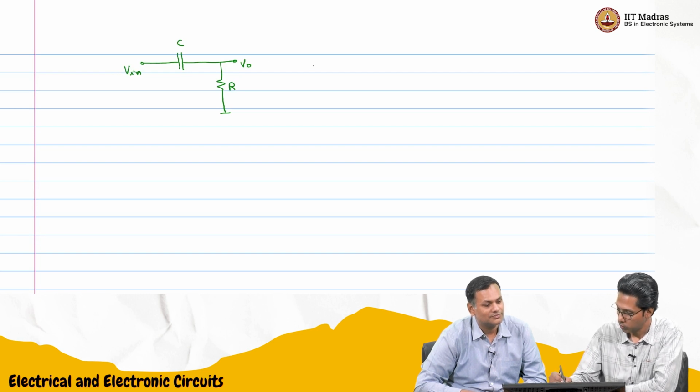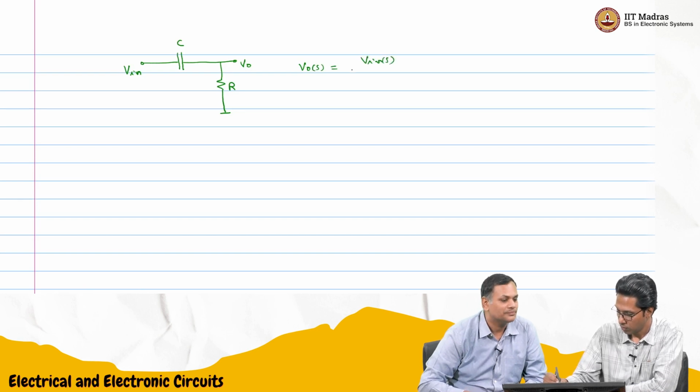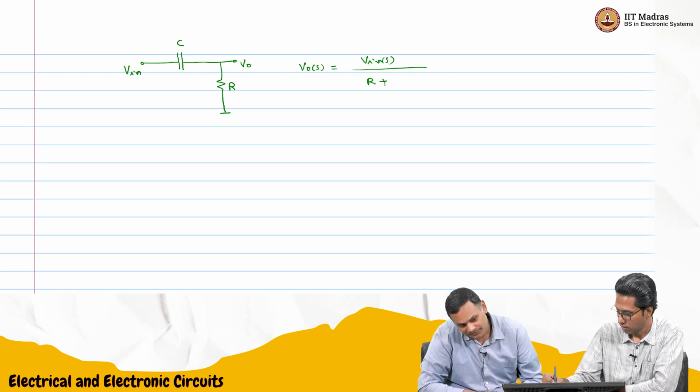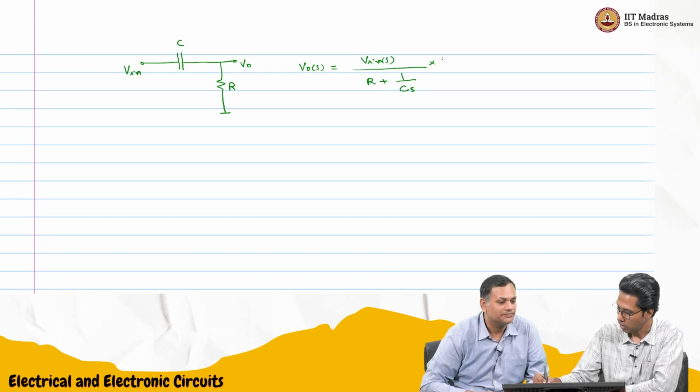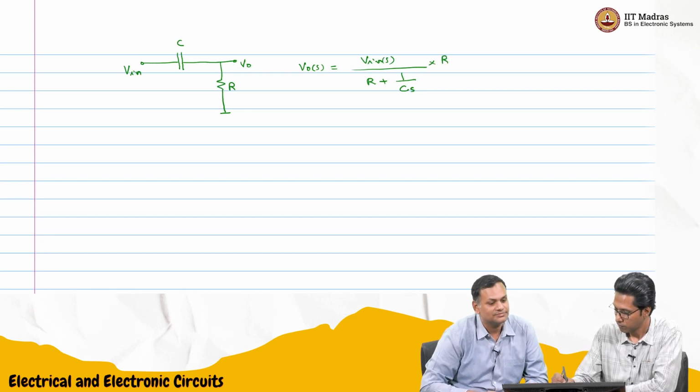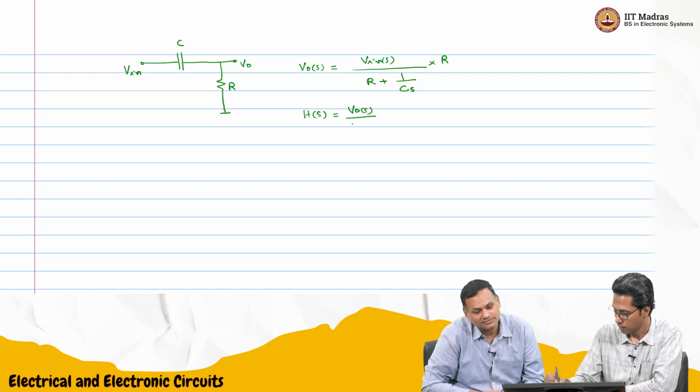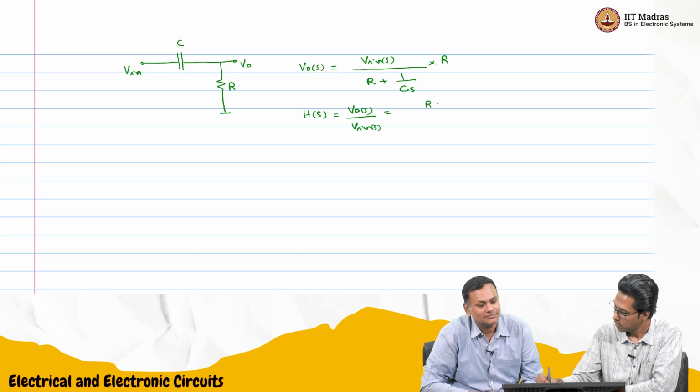Okay, so V naught of S is V in of S divided by R plus 1 by CS, into R. So H of S is R by R plus 1 by CS.